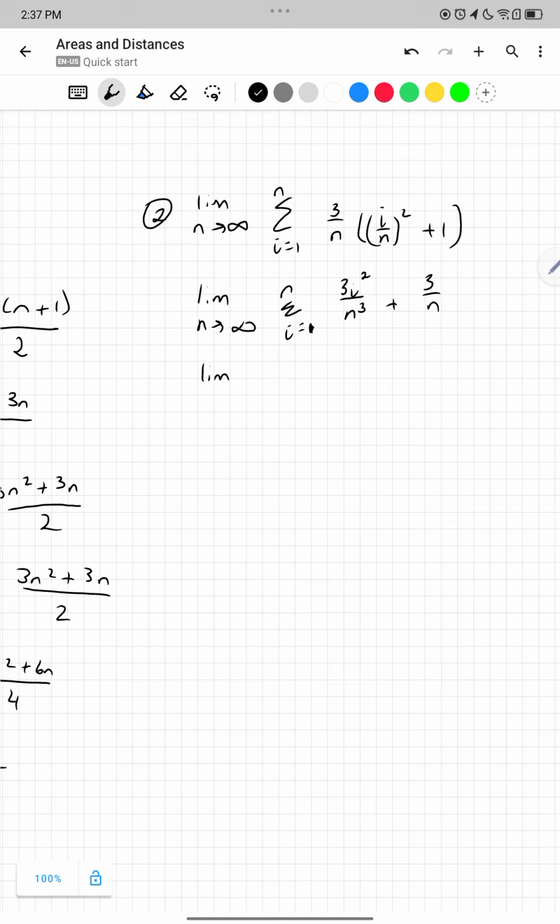So we have the limit as n approaches infinity, so we're going to have 3 over n cubed times i squared plus 2 over n plus 1, which means as n approaches infinity, I'm going to have 3 over n cubed.